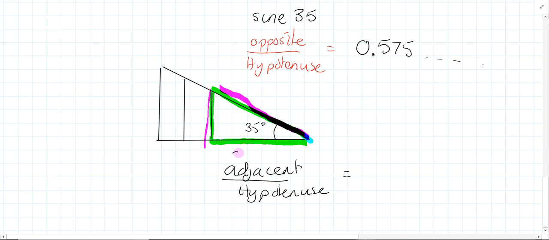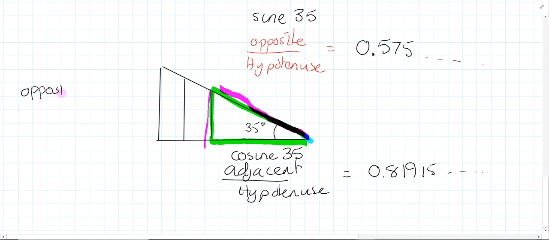So this time, for this one, I need to do the cosine of 35. What do you get? 0.8191. So again, I don't know yet the sides of the triangle, but I do know what ratio they're supposed to be. And what's the final one?